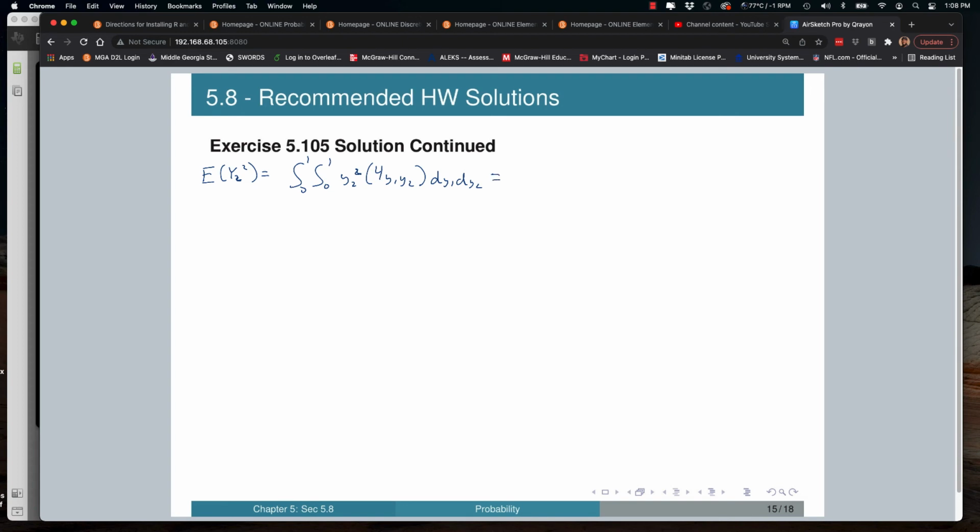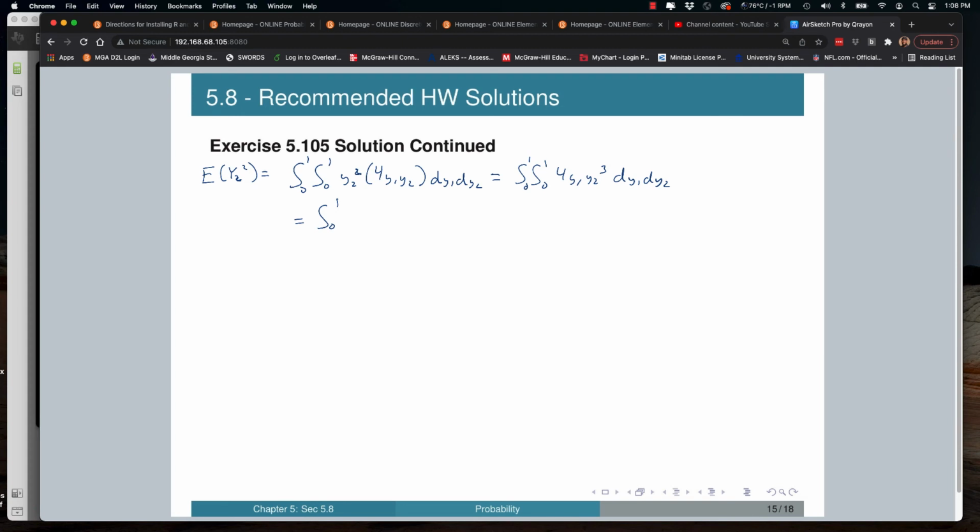Which equals just the double integral from 0 to 1, 0 to 1 of 4 y sub 1 y sub 2 cubed dy sub 1 dy sub 2. Not too bad. It's going to be 0 to 1.